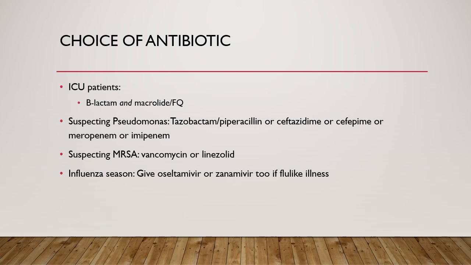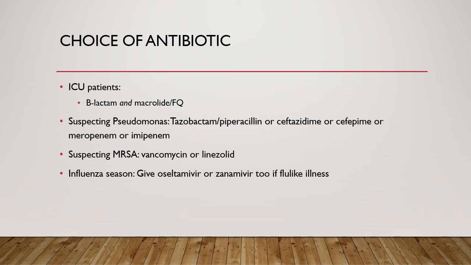If you are suspecting Pseudomonas infection, for instance in patients who have structural lung disease like bronchiectasis or COPD, or if there have been previous culture growths with Pseudomonas, then it's highly likely that this time also the patient is going to have Pseudomonas. So then you have to give an anti-pseudomonal penicillin like piperacillin tazobactam, or ceftazidime, or cefepime, or meropenem, or imipenem.